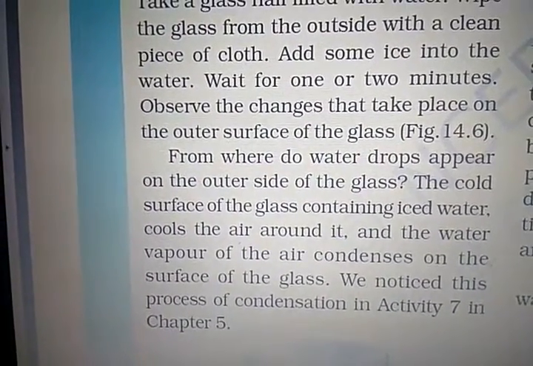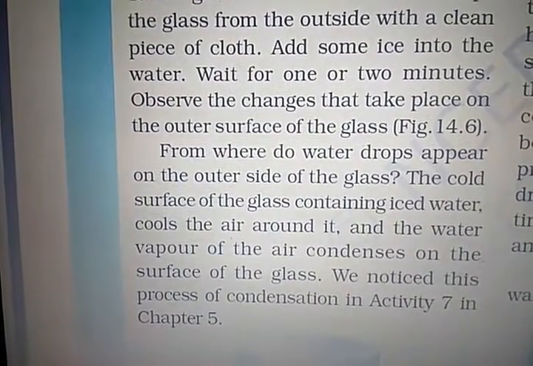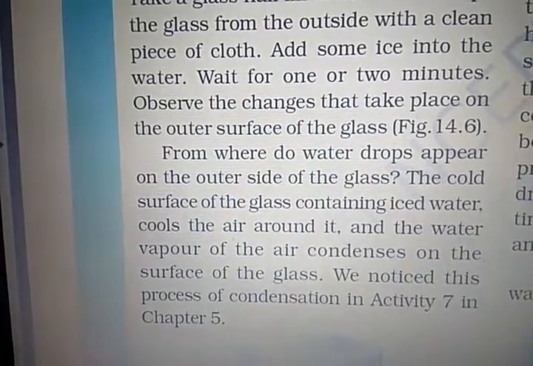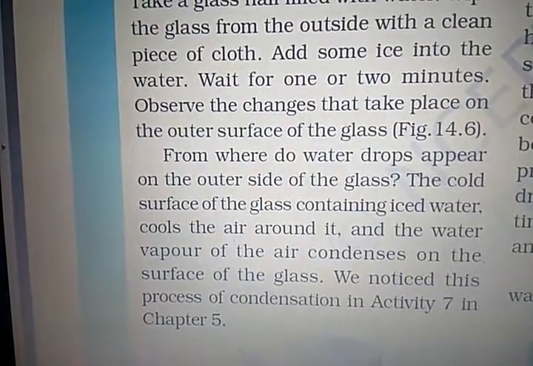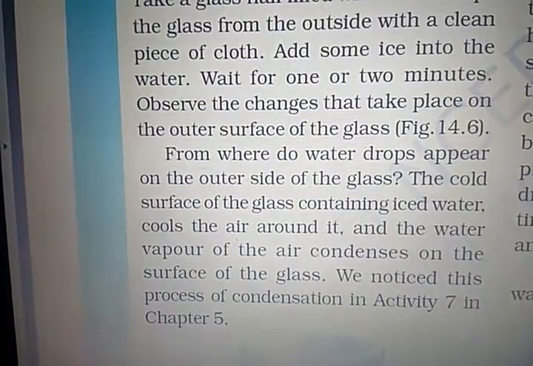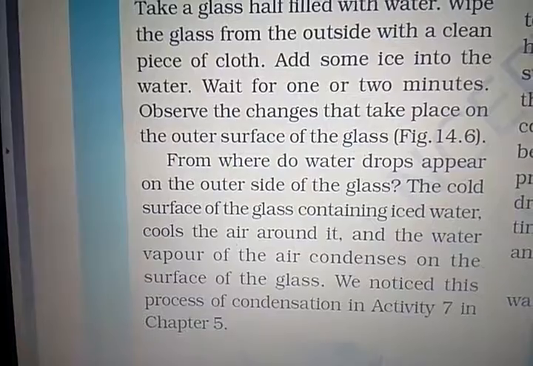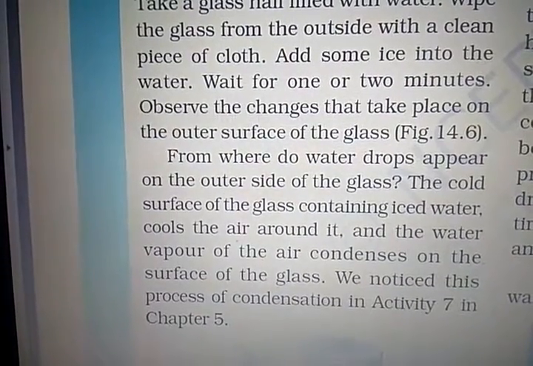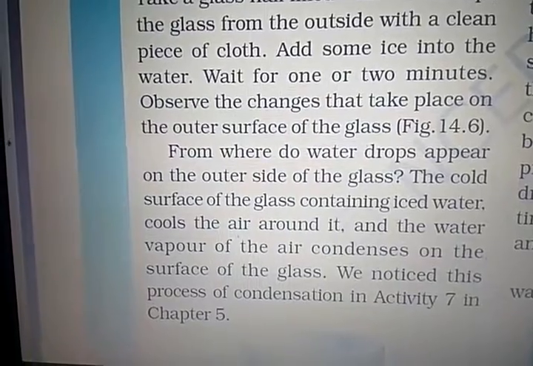We noticed this process of condensation in activity number 7 in chapter number 5. So now the condensation process comes, right? Evaporation, then transpiration, and then condensation, right? So through this condensation process, you can see clouds are formed.